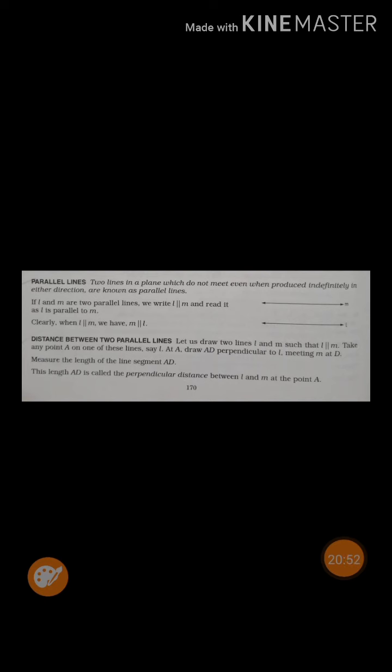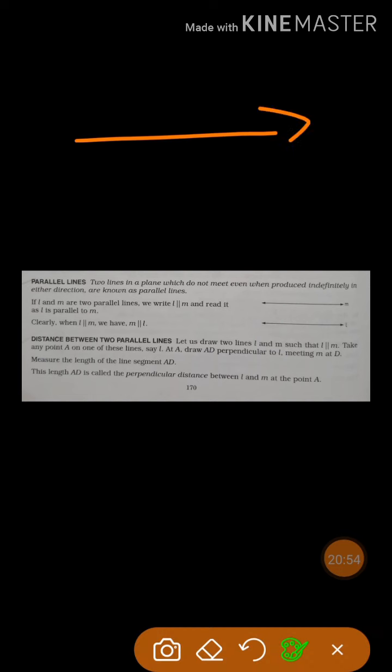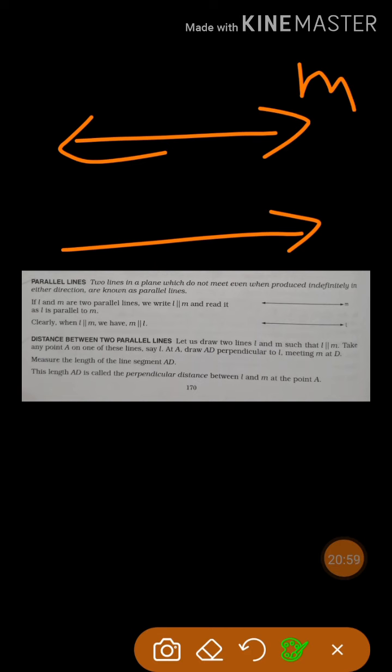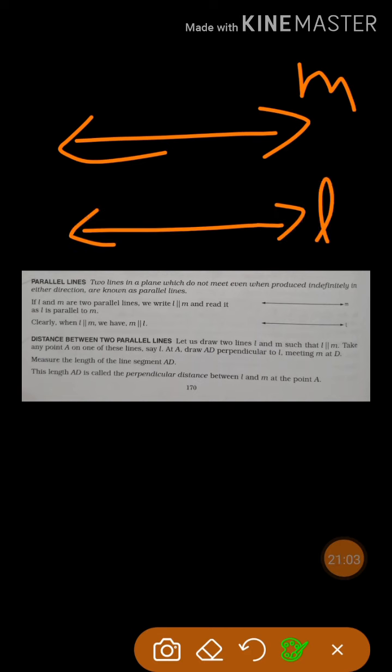And if there are two lines which are parallel, like this is line M and this is line L, how do we represent that they are parallel? We write M and make this sign between them.